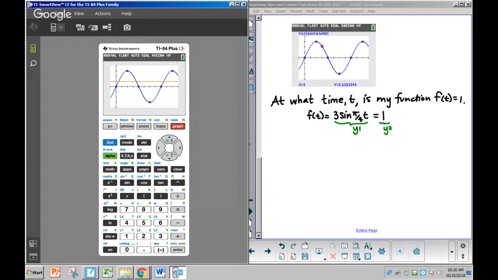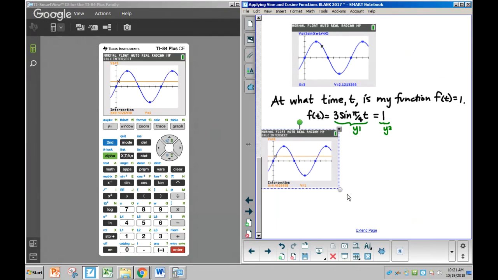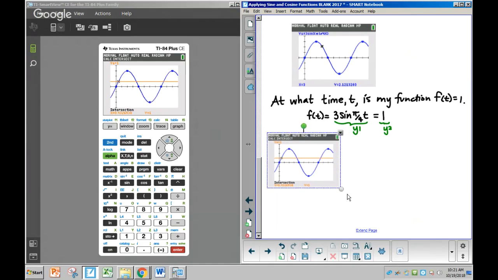I'm going to go second, calculate the intersection, which is number 5. When I'm finding intersection points, I always like to be on the left side of it, because it's going to ask me, do you want me to guess? Yes, I do. Okay, so there's my first solution. Then I'm going to do it again.